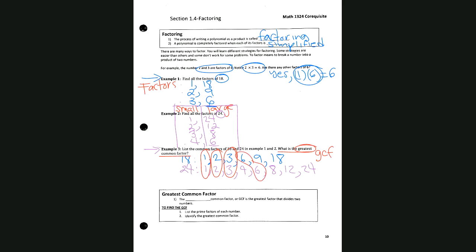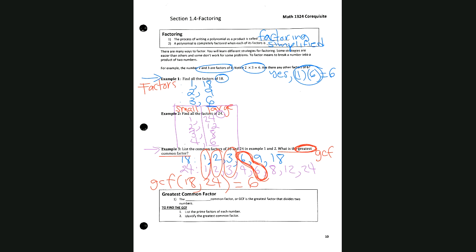Now, to answer this question, which one is the greatest of those common factors, that would be 6. So we can say that the GCF of the numbers 18 and 24 is equal to 6, because that is the greatest, the biggest of all the factors that they have in common.